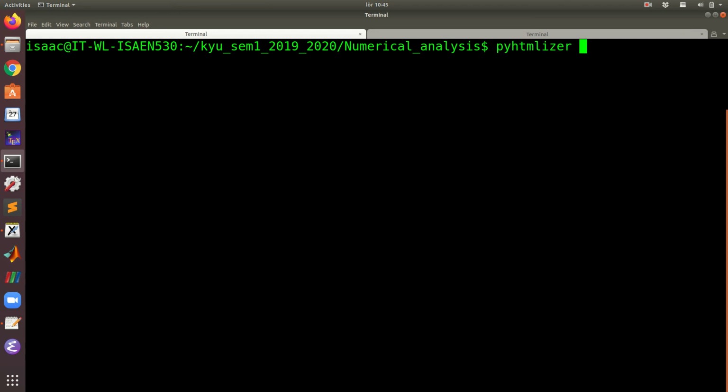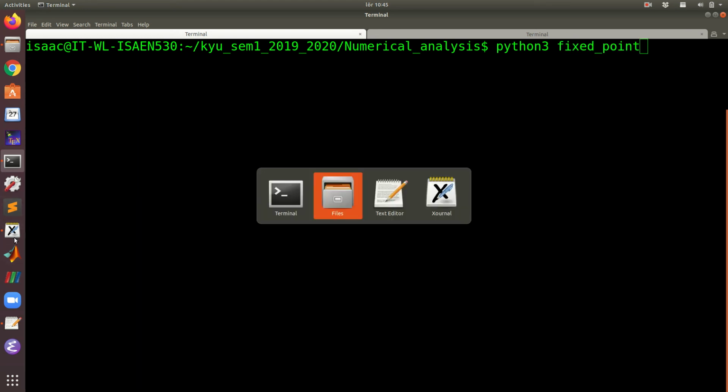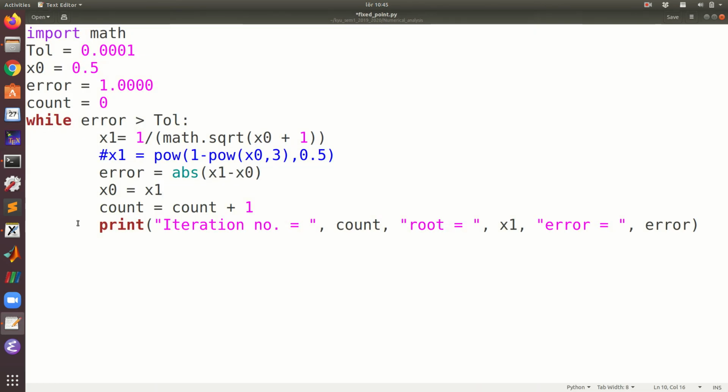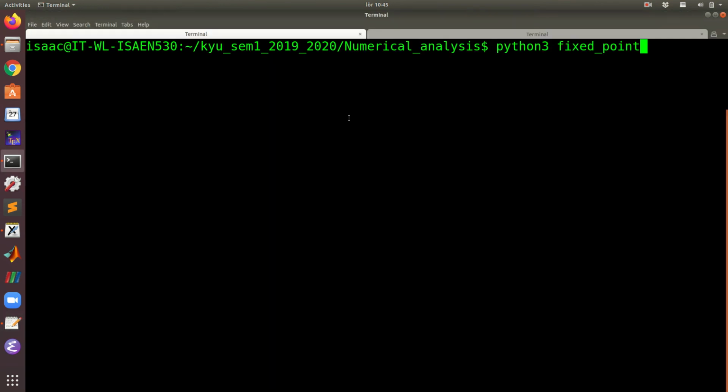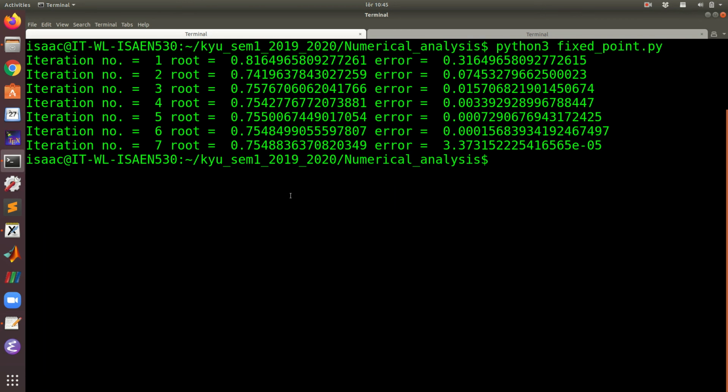What name is it? It is fixed point. I have to save it, and then we have to go back. Sorry about this. Okay, and then we run it.